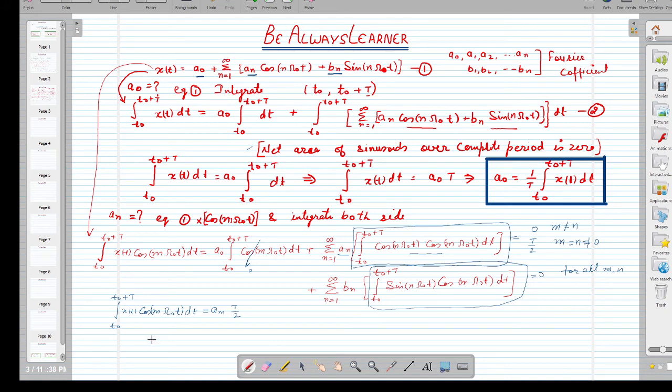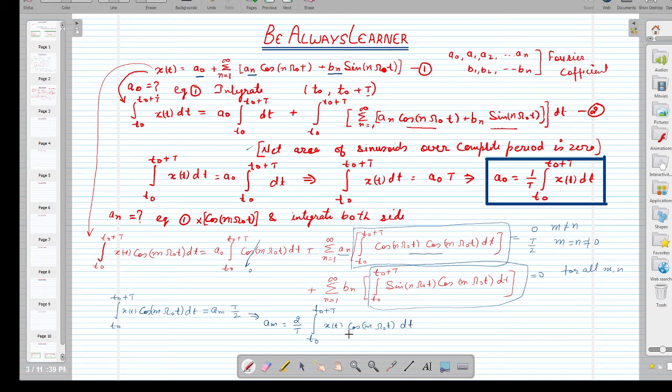Now we can write this am, because am is a Fourier coefficient value, that is 2 by T integration from t naught to t naught plus capital T x(t) cos of m omega naught t dt.